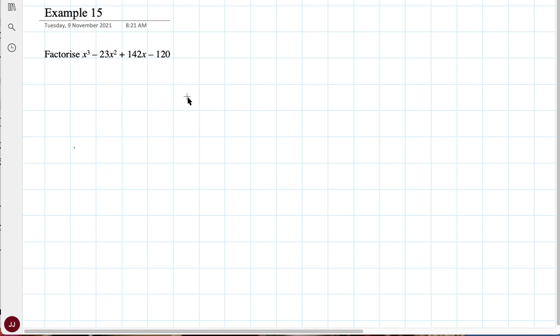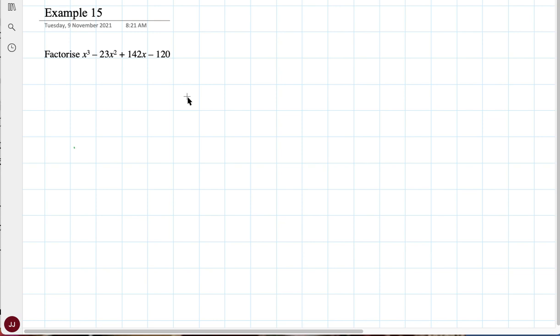They haven't specified any method, whether splitting the middle term or using the factor theorem. So it's up to us. And whenever we are given a cubic polynomial, the first thing is we have to break it into a quadratic and a linear.